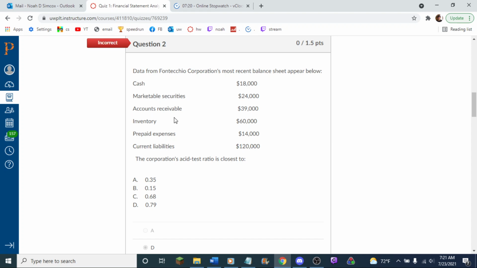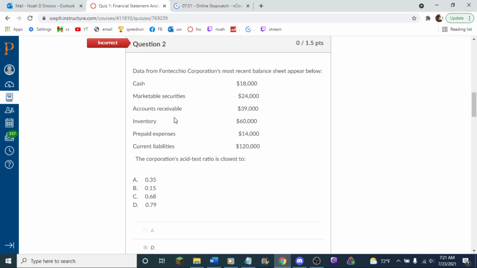Are they like, oh no, actually use the textbook one. The textbook one is actually cash equivalents plus marketable securities plus net receivables, which was 39,000. Don't include prepaid expenses or inventory, obviously.